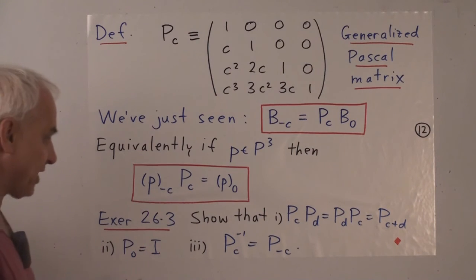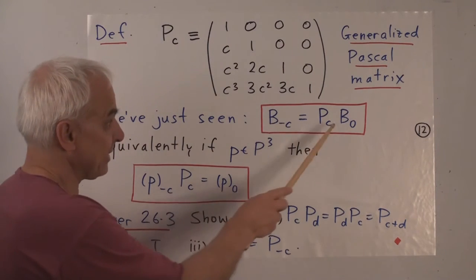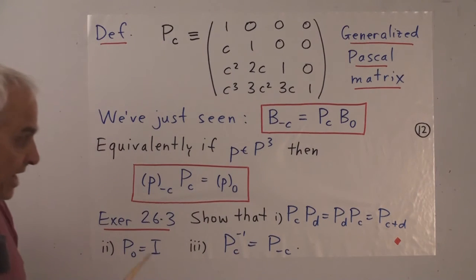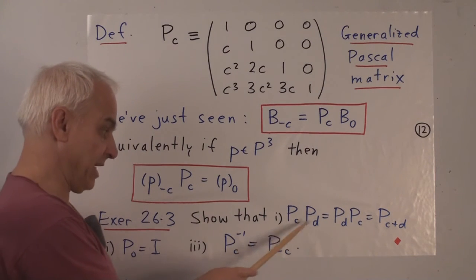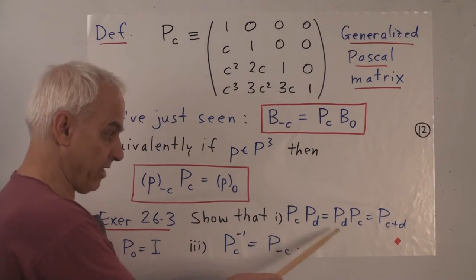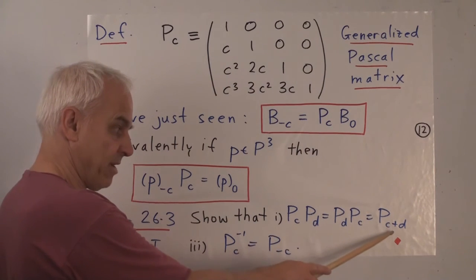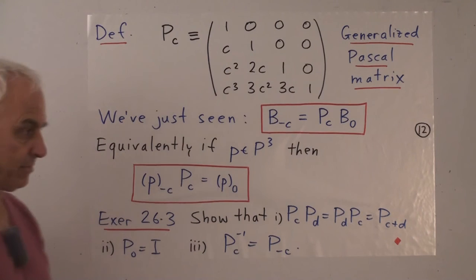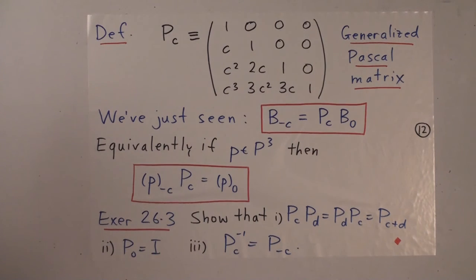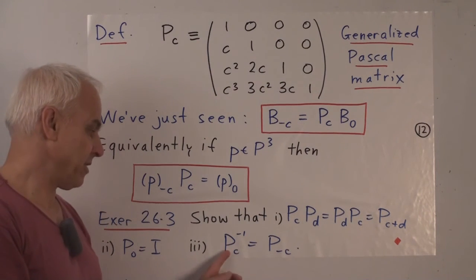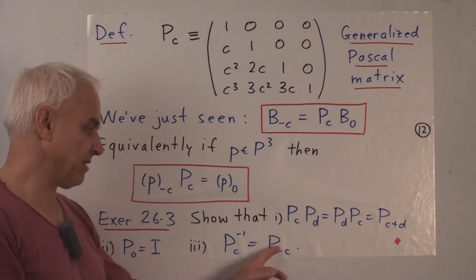So the first exercise is to show that these generalized Pascal matrices have interesting arithmetical properties. That if you take P sub C and P sub D and you multiply them in either order, you get P sub C plus D. That if you replace C with 0, you just get the identity matrix. And that the inverse of P sub C is P sub minus C.